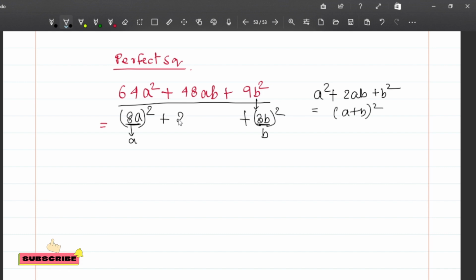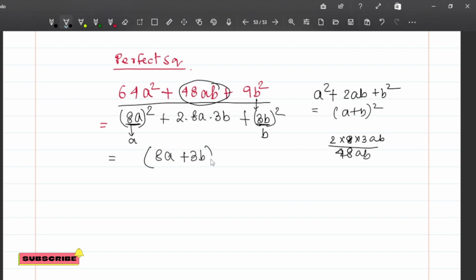Now fill the blank: 2, so 8a as a and 3b as b. Now multiply 2, 8, 3, a and b. You will get 48ab. So you can write (8a plus 3b) whole square, which is a perfect square expression.